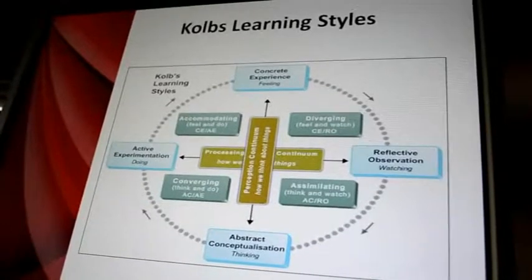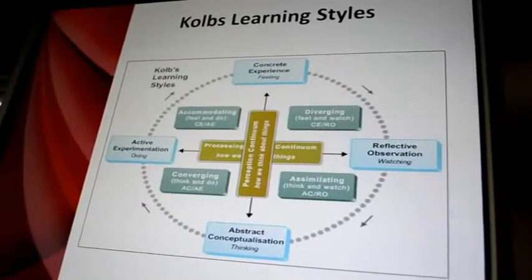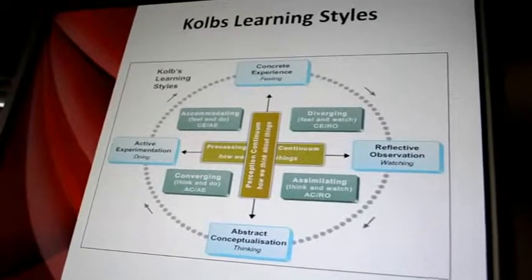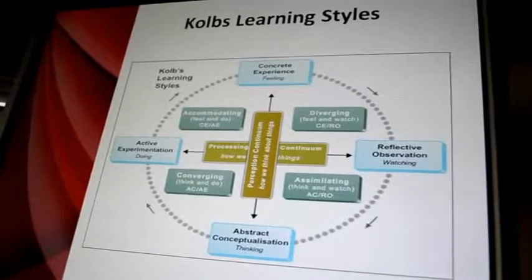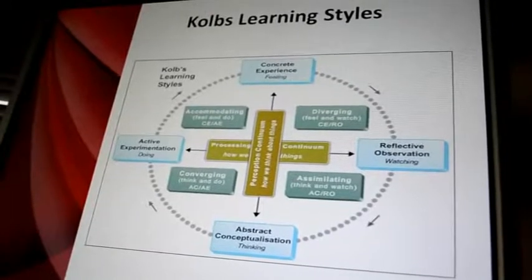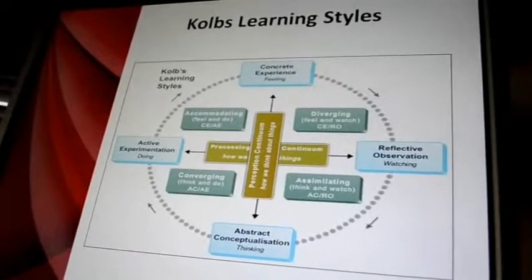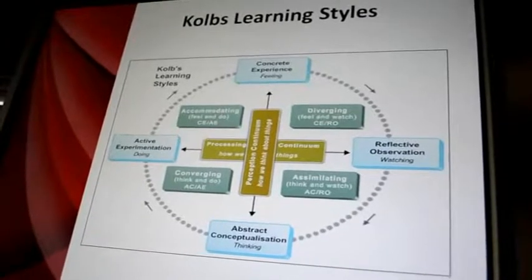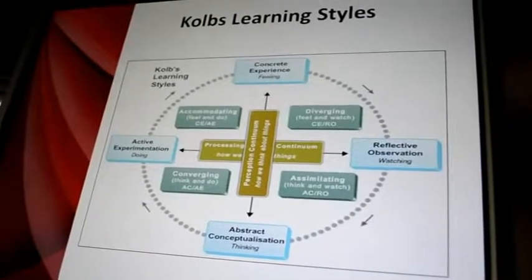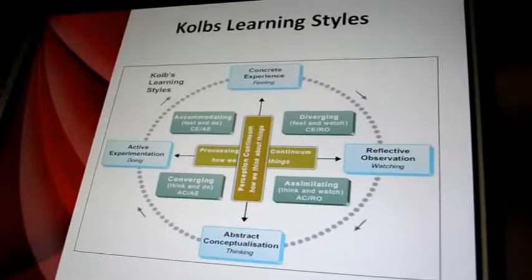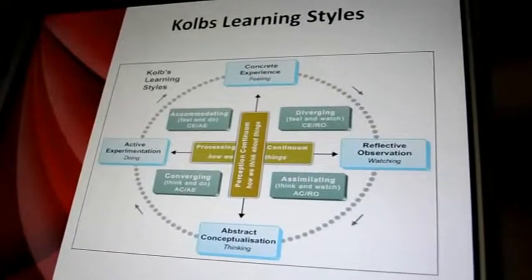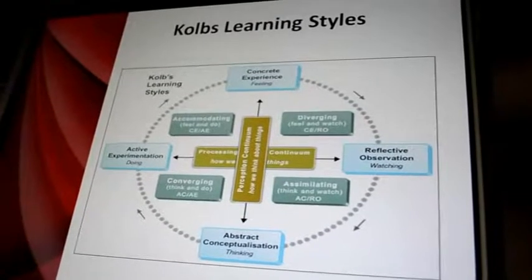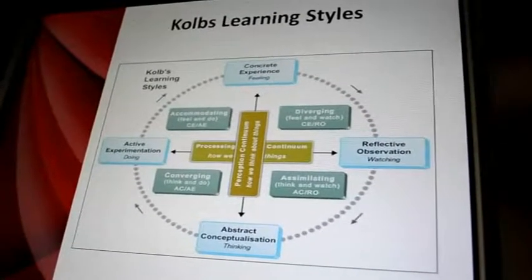He also proposed 4 learning styles, namely converging, assimilating, diverging, and accommodating. The converger is strong in abstract conceptualization and active experimentation, as well as strong in the application of ideas, and focuses on hypo-deductive reasoning to solve a particular problem. The assimilator grasps ideas by thinking and watching, and transforms experience by watching and reflection in formal learning situations.